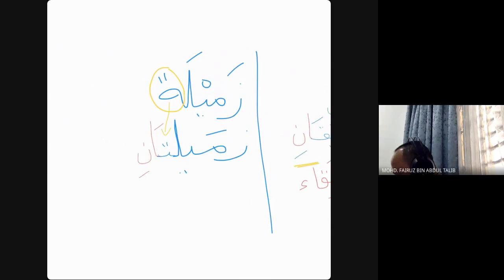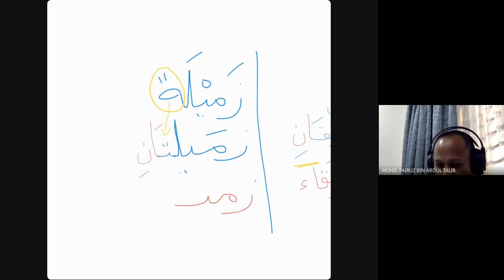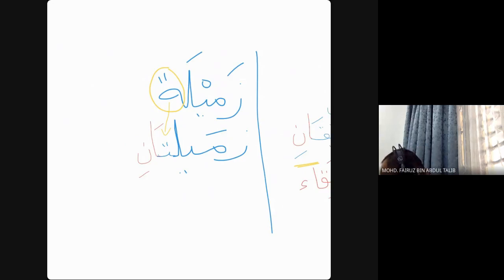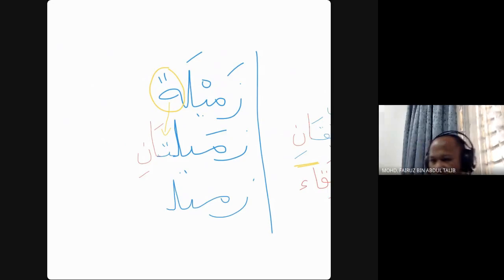And finally, the jama' for the word Zamila, Zamilatan. This is a mu'annas word that ends with ta marbuta. Most of the time, if the word ends with ta marbuta, the word will be similar to the mufrad word.